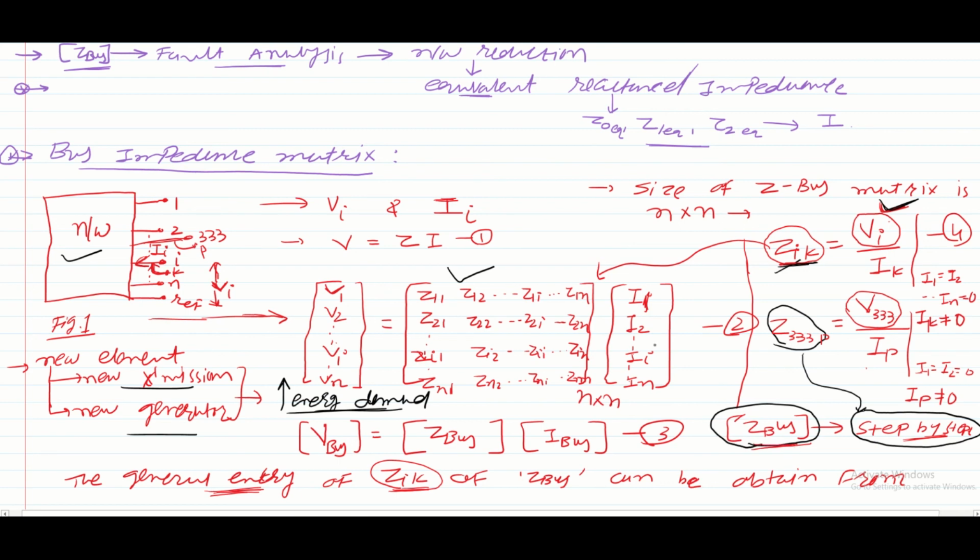Clear? This is the most important thing: the reason why we need to use the step-by-step method, or building algorithm method, for formulating the Z-bus matrix. I hope you have clear up to this.